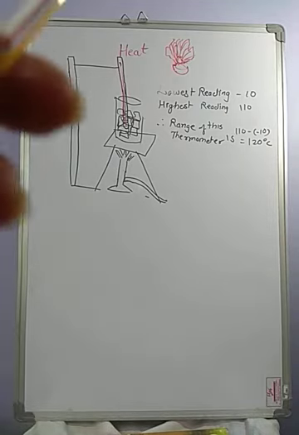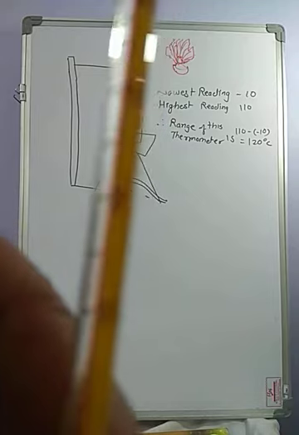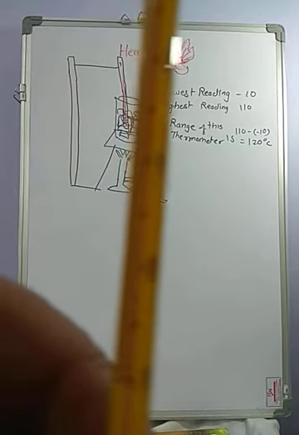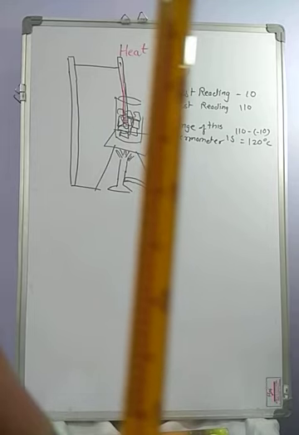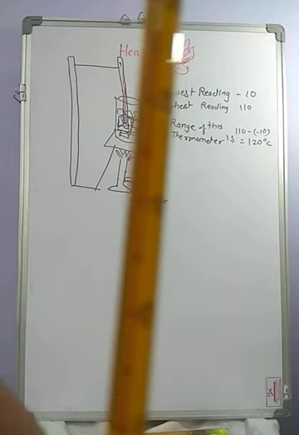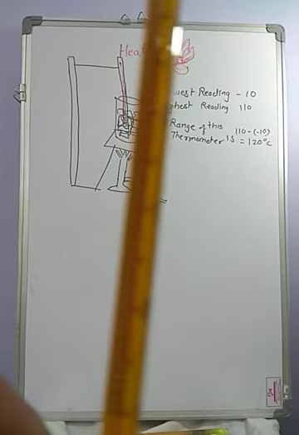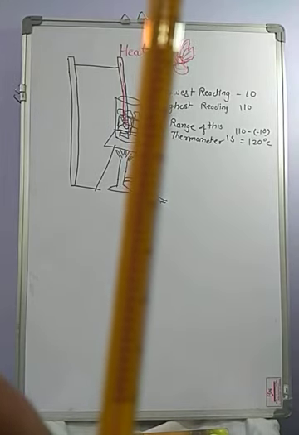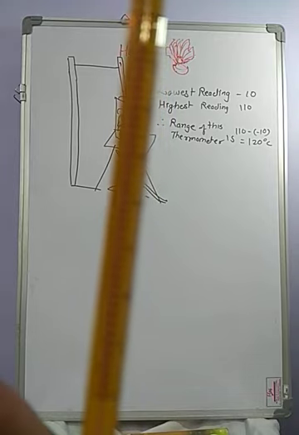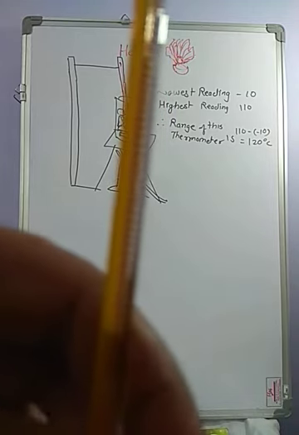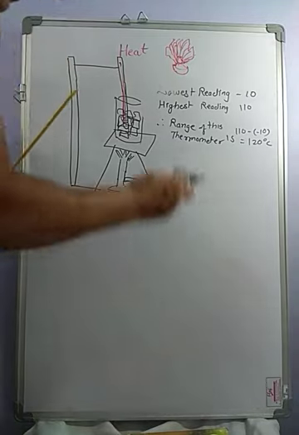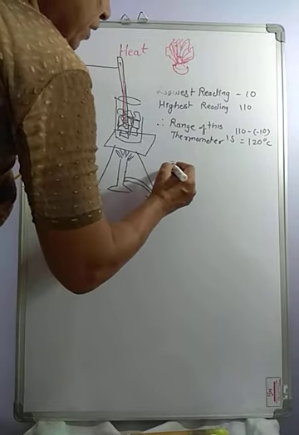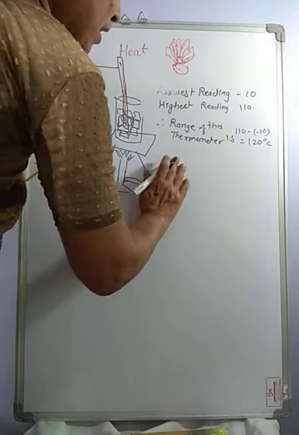Also, if you are able to see, there are 10 marks between 0 to 10. That means each mark we can minimum find the reading, that is 1 degree. Therefore, reading between two successive marks is 1 degree.